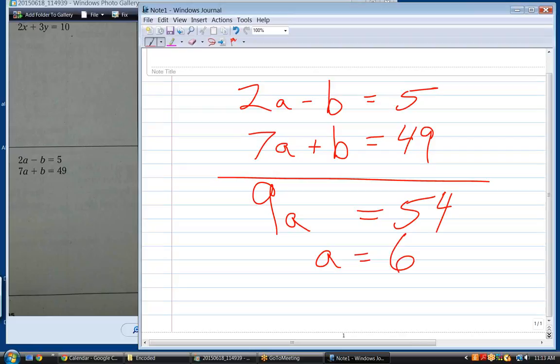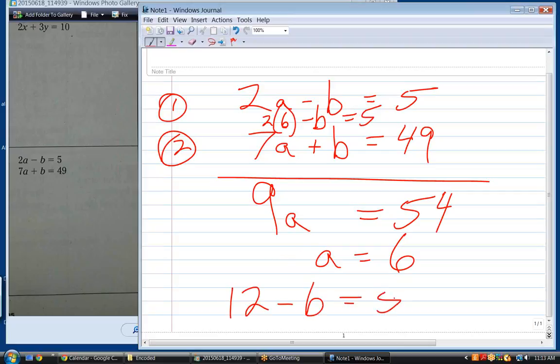Now we rewrite the equations. Choose one to plug it into and tell me how to rewrite. Alright, number 1. It'd be 2 and put parentheses 6 minus b equals 5. So that's 12 minus b equals 5. And then move the b to the right side.